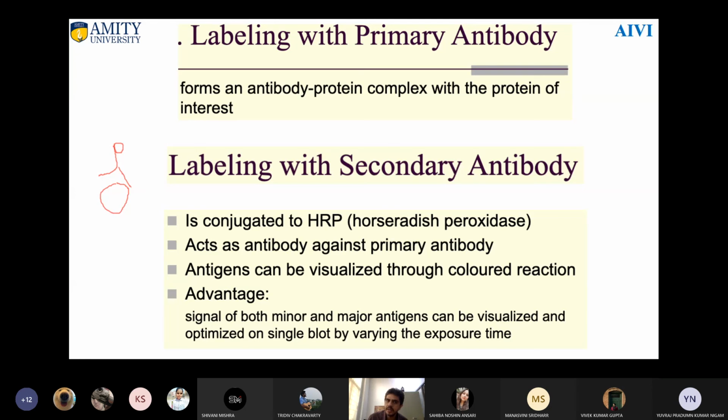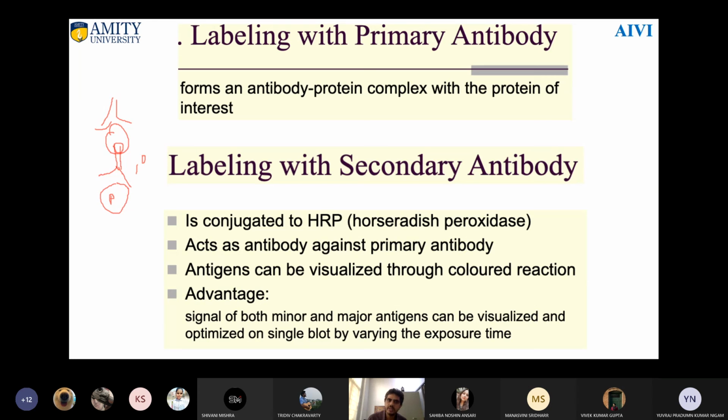But this antibody is very limited in amount, so we can't do that. So what we are doing is making one more antibody, and this antibody is going to be specific for this. This antibody will go and bind at this location, and the other antibody will bind to your protein. So this is going to be the primary. The primary one is the specific one which is going to determine whether your protein is there or not.